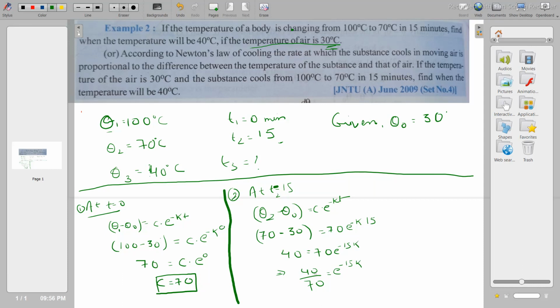When we solve this, 40 by 70 will give some value, and to remove the e, the log will come here. Okay, I will show you. So 0 and 0 will be cancelled, and we get 4 by 7 equal to e power minus 15k. Now it will be log 4 by 7 is equal to minus 15k. Whenever e is removed, we get log here.